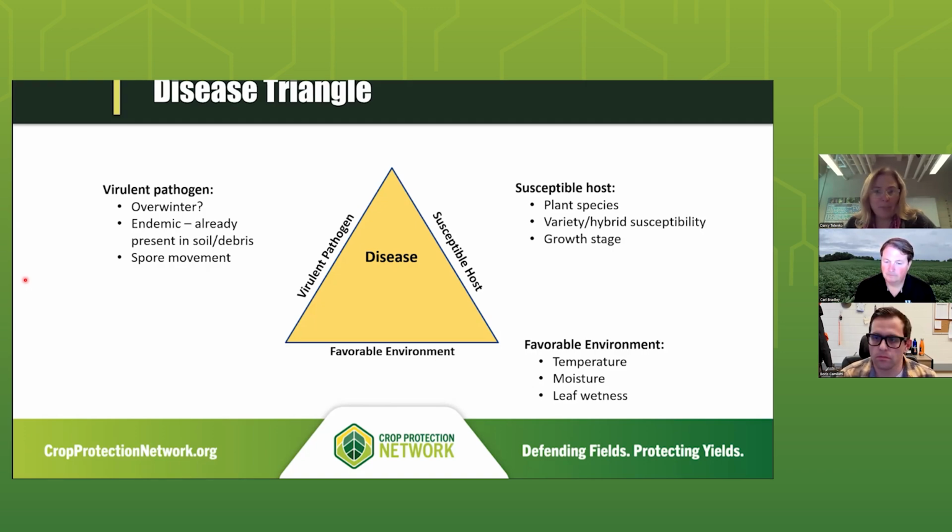If we don't have the right conditions for the pathogen to infect, then our risk decreases and the triangle gets smaller. But as we move into favorable conditions, maybe we planted at the right time where infection occurred and more disease developed in a season, those are the conditions that may push the disease to appear and be more prevalent in some of these fields.